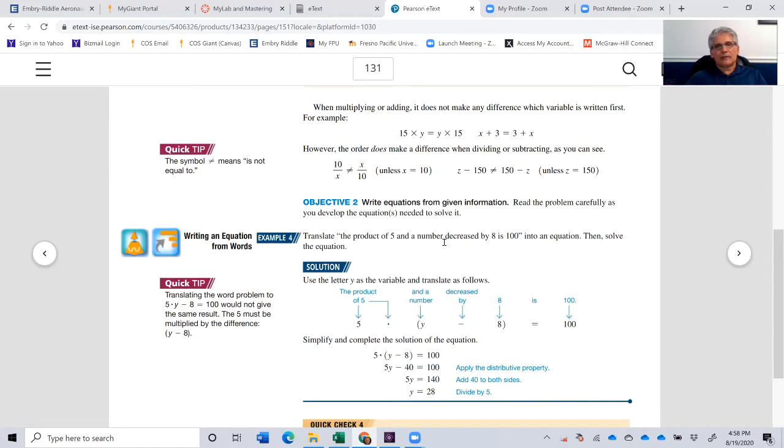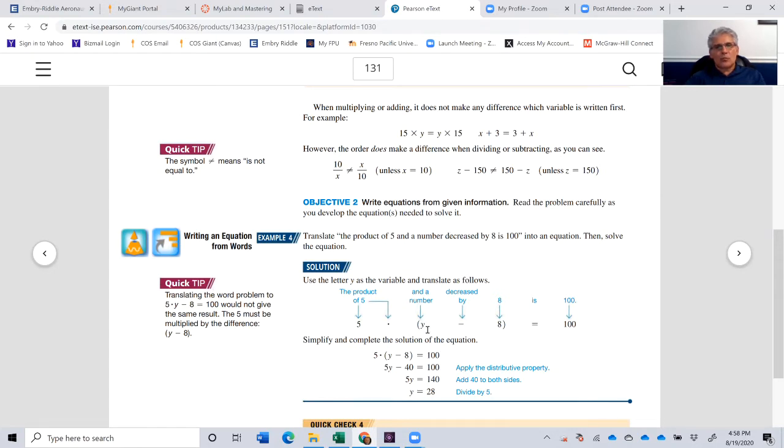The product of 5 and a number, well, we'll take that into consideration first. The product of 5 and a number decreased by 8. Okay, so this one's a little bit trickier than we would have thought. A number decreased by 8 could have been interpreted a different way, but we'll go with the textbook in this case. A number decreased by 8 is what they're looking to resolve first.